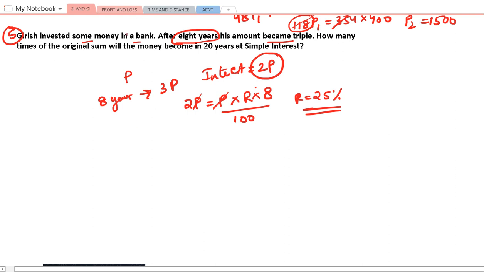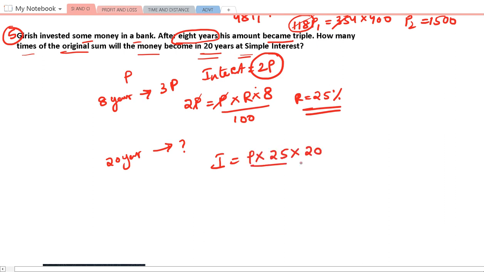And what is being asked: how many times the original sum will the money become in 20 years? Simple interest. In 20 years, what will the amount become? That means interest is equal to principal into rate of interest, 25, into 20 years by 100. That is 4 times 4, 5 times.